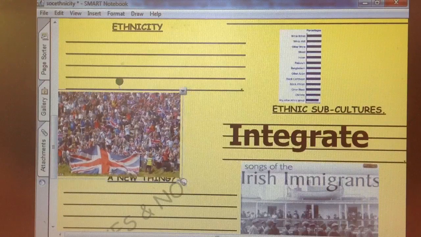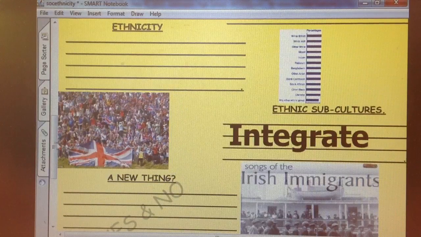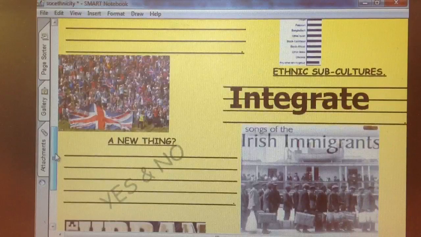Is this new? Well, yes and no. The no is the main one, really. The history of Britain is a history of migration, from Huguenots to massive Irish migration. Most people in this class will have Irish ancestors. So no, but yes, in the past 60 years, we've had non-white groups, and they have much more trouble integrating because they look different.